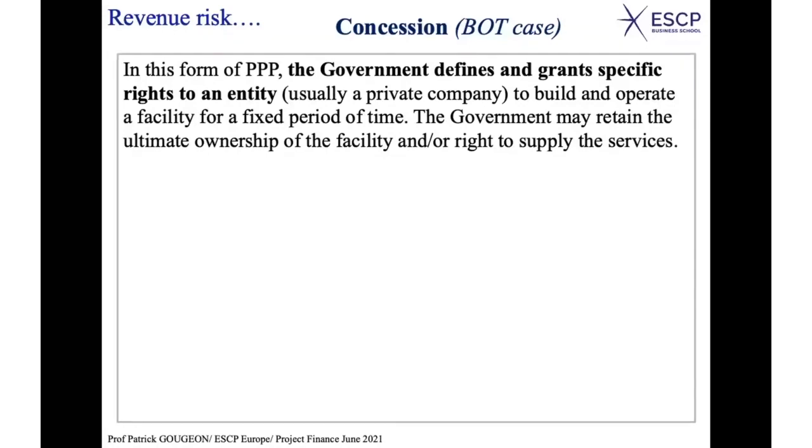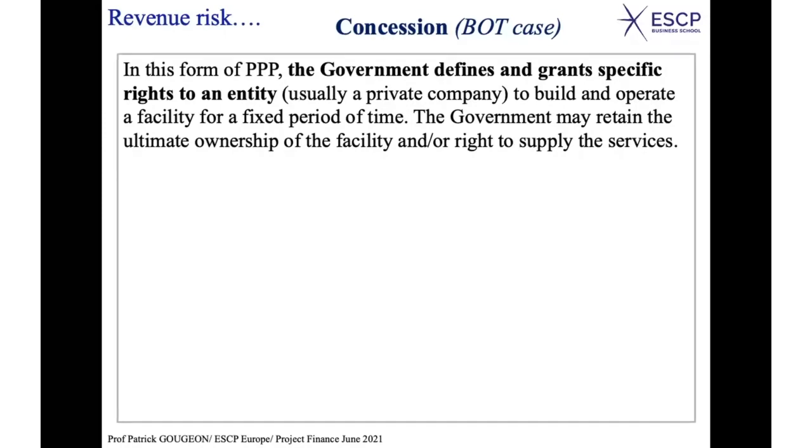So the sponsors will have the responsibility, when they launch the project company, to build the tollway. They will operate the tollway and collect the revenue from it, repay the debt through this revenue, and also provide a remuneration for the equity holders. At the end of 20 years, the tollway will become a public asset.